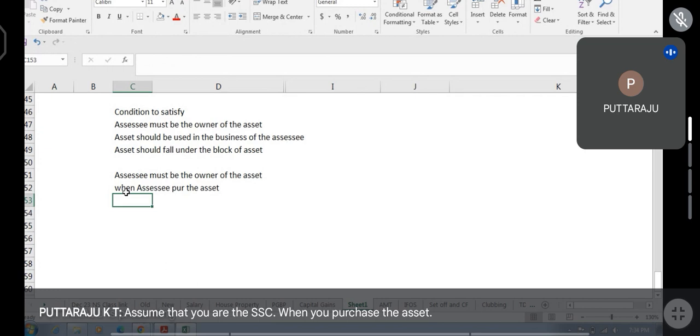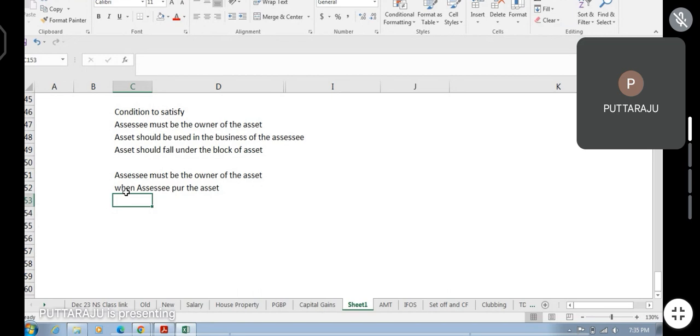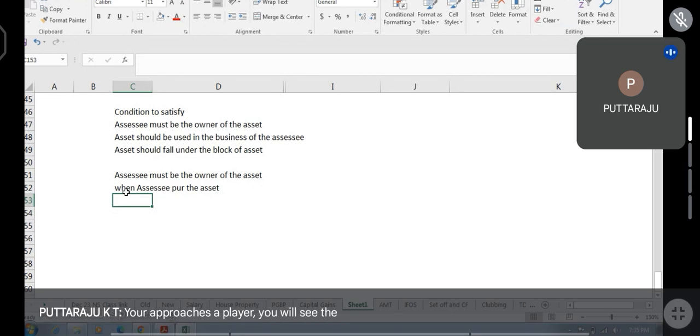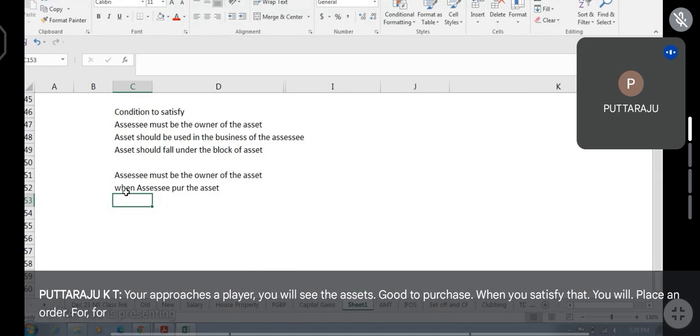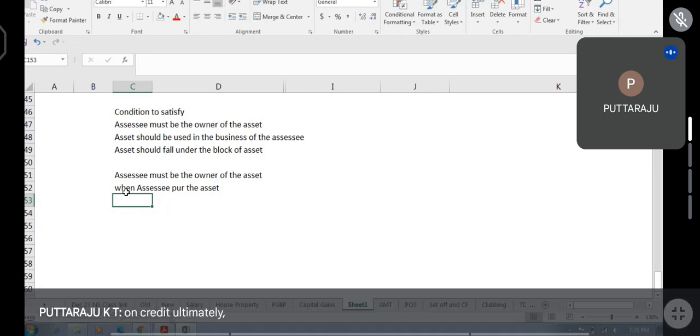When you purchase an asset, what are all the activities that take place? You will see the asset is good to purchase. When you are satisfied, you will place an order for the purchase. After placing the order, you will pay the amount, yes or no? Even if it is on credit, ultimately you are going to pay, right?